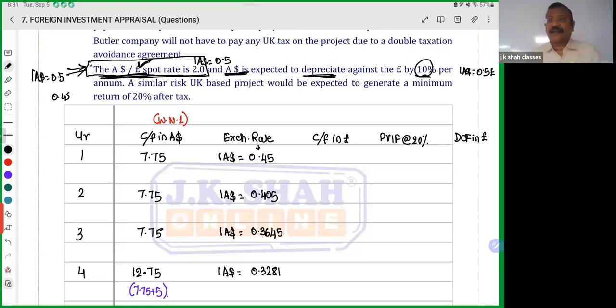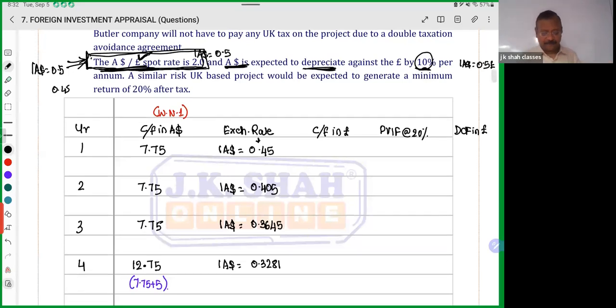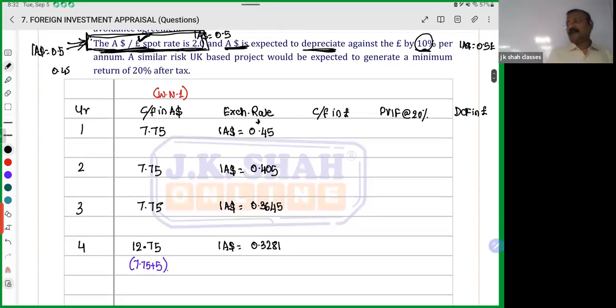Convert the quote and then apply. This is only applicable for those people jinke textbooks mein the quote is in this form. Those who have the new textbook, they would have the quote directly as $1 equals to 0.5, in which case quote is of an Australian dollar, depreciation is of an Australian dollar, straight away apply it, and this would still remain the same.